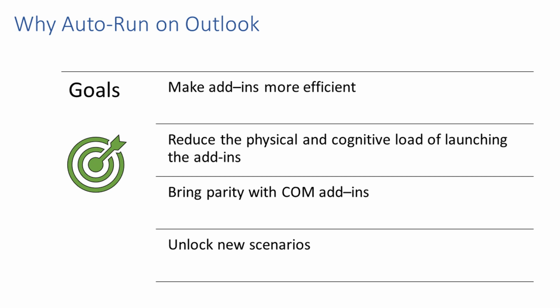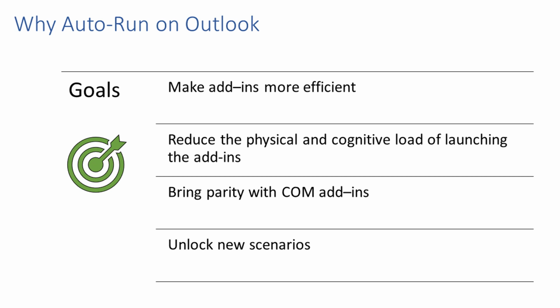So the goal of this feature is to enable you to run some code in the background, in some conditions that I'm going to describe in detail. And the other thing is that we're planning to run this JavaScript code in a React Native runtime. So it's going to be more efficient than instantiating the whole browser. So we want to make add-ins more efficient for some scenarios.